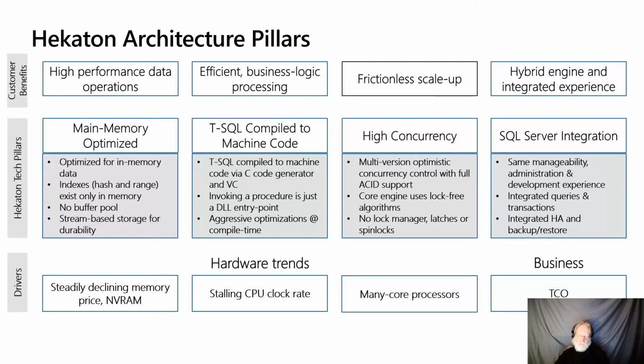And because we don't have pages to get in the way with page latches and all that, there's just much less chance for collisions. In fact, the core Hekaton engine is completely lock and latch free. There are no locks or latches in Hekaton. So you're not going to be waiting on lock manager, latches, spin locks, any of that. That makes massively more parallel processing much more possible and efficient.